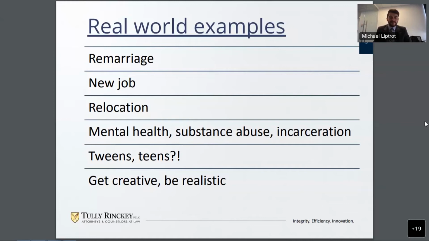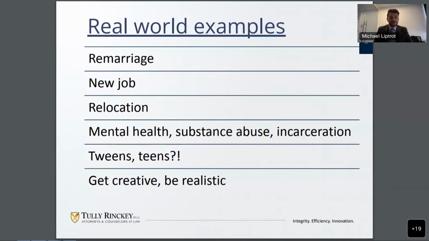And if the non-custodial parent's parenting time is disrupted by this relocation, and they're being deprived of time, or even if they are having to increase the burden of exercising their time, you're going to need a court order or the agreement of that non-custodial parent to do that relocation.